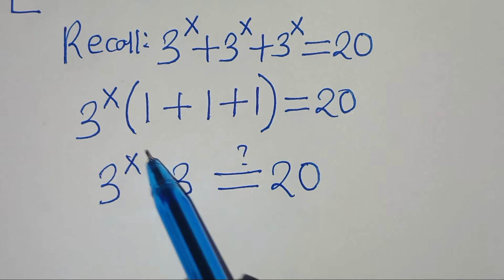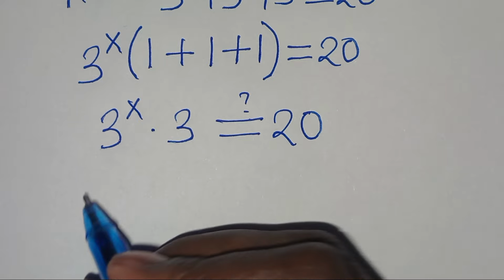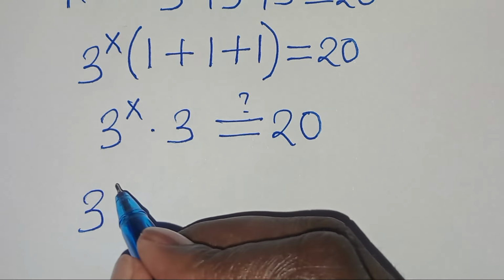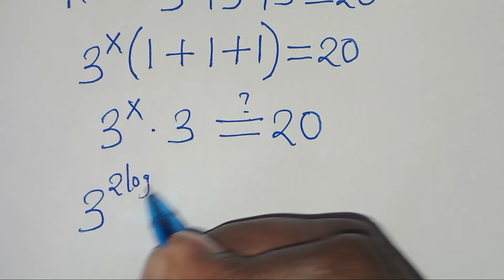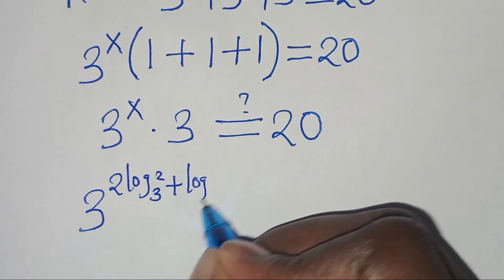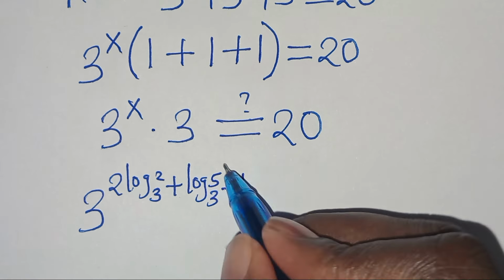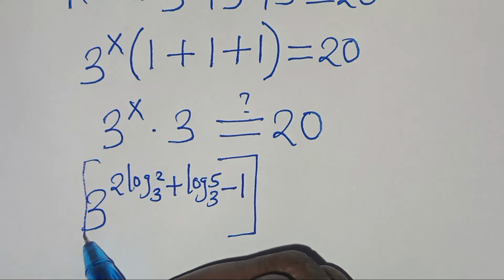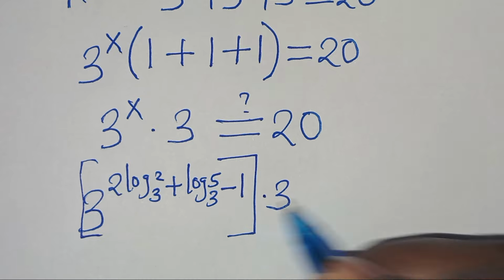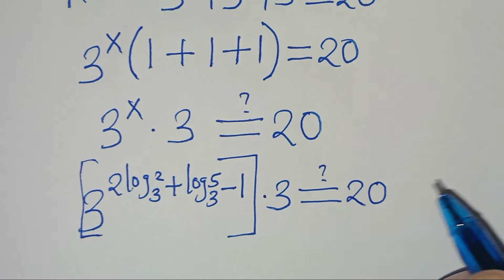So let's substitute the value of x here, so that now we have 3 to the power of 2 log 2 to base 3, plus log 5 to base 3, subtract 1, close the parentheses, multiplying by 3, and this should give us a value of 20.